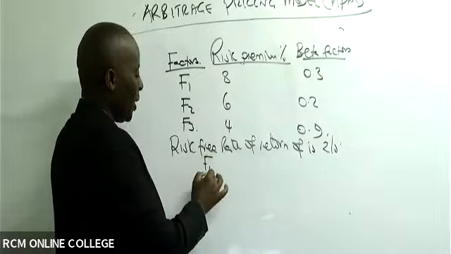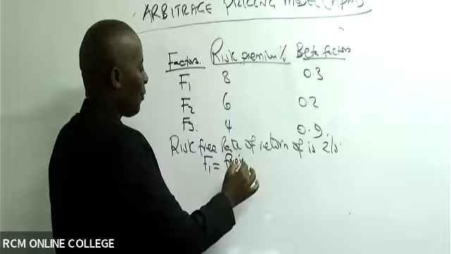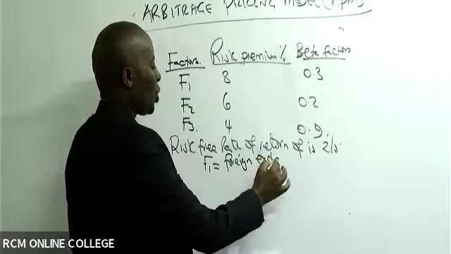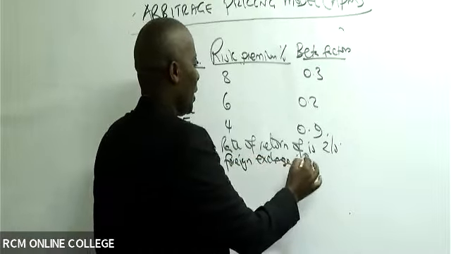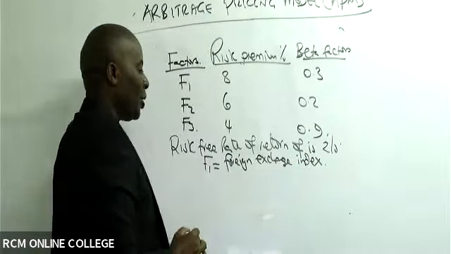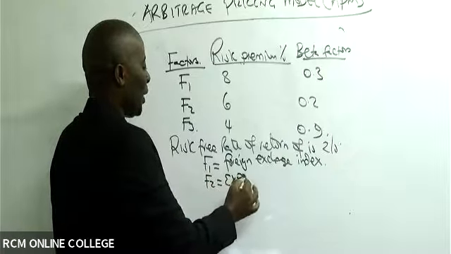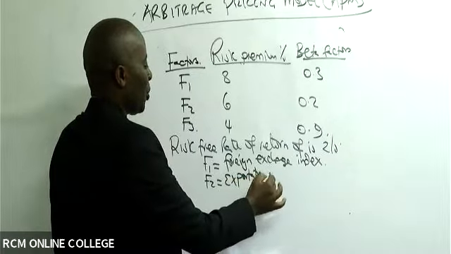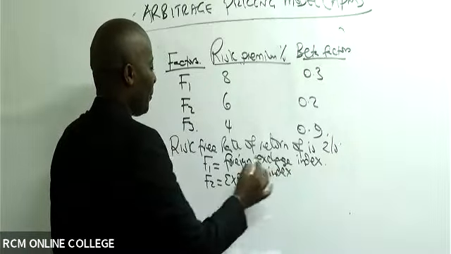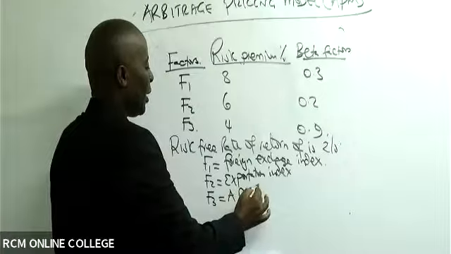Factor 1 represents a foreign exchange index. F2 stands for an exportation index, and F3 is a market factor.